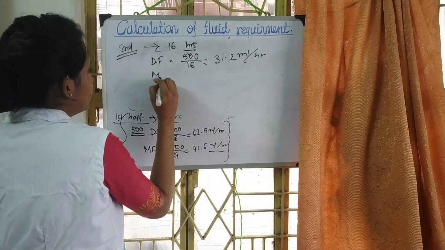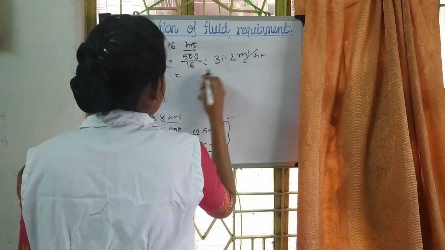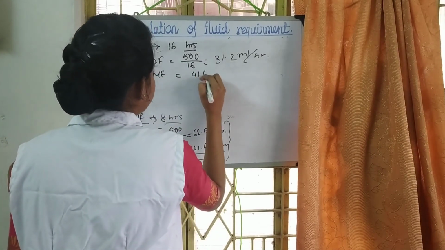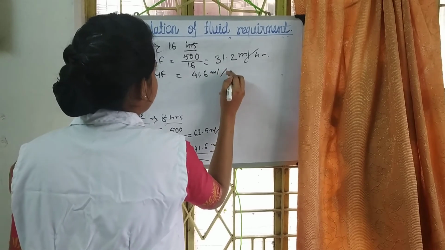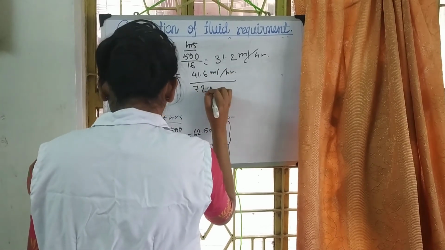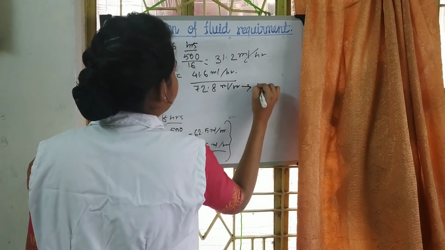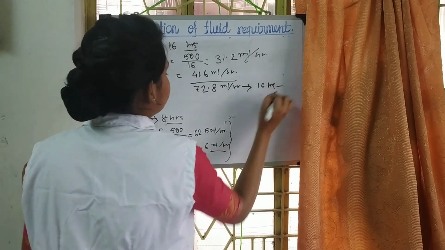And the maintenance fluid will remain the same, 41.6 ml per hour. So the total is equal to 72.8 ml per hour, continuing for 16 hours.